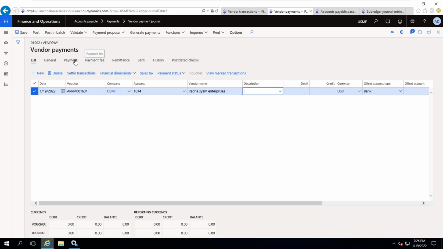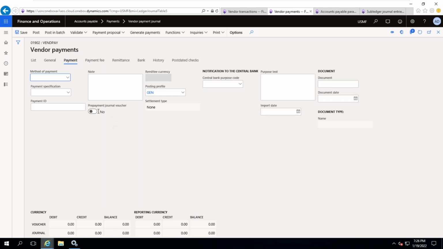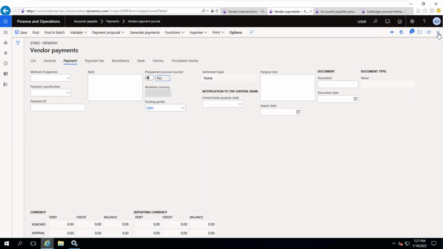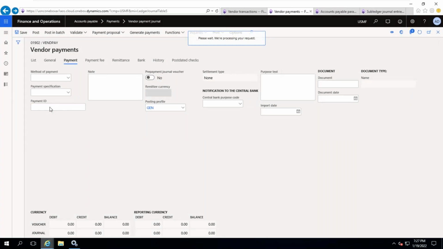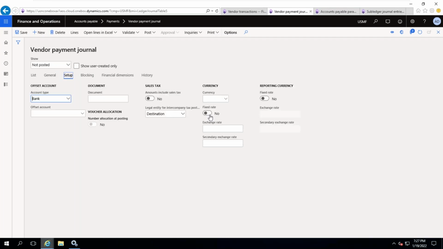You can go to the payment tab. You can select prepayment in journal voucher. Then it will change to, okay, give me a minute. This is including sales tax, it will not take. Let me remove this including sales tax.